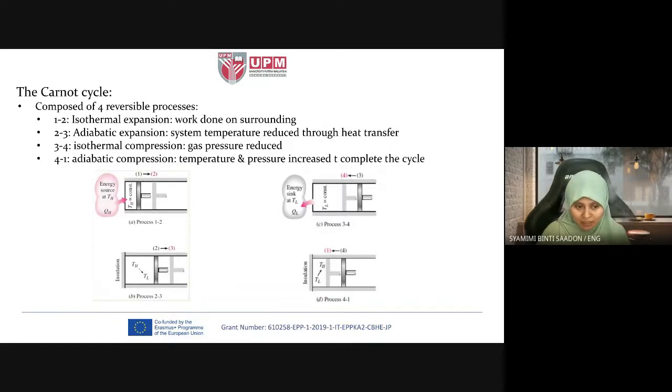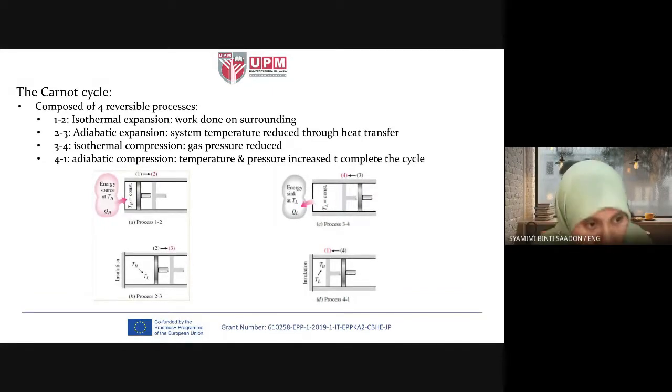What is adiabatic? Adiabatic means we assume there is no heat transfer to the outside of the system. Inside the system there is still heat transfer, but to the surrounding there is none, so the heat is conserved just within the system, within the piston. So in adiabatic expansion, the system temperature is reduced through heat transfer within the closed system.